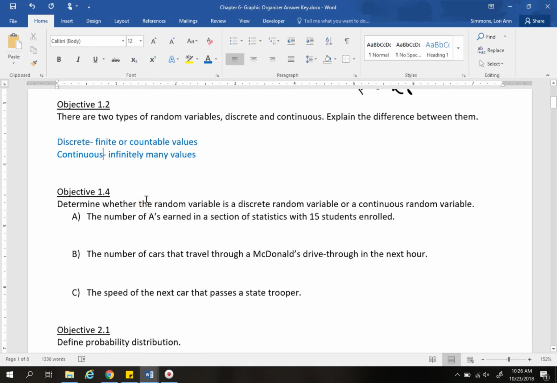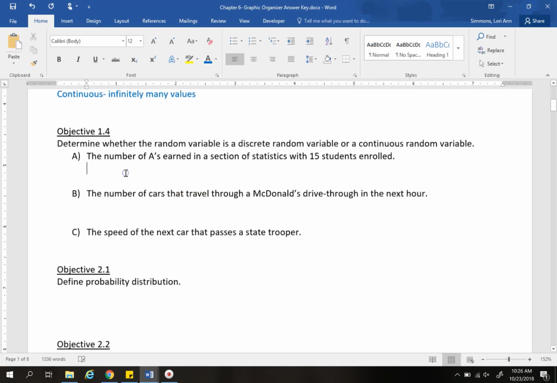So let's determine whether the random variable is discrete or continuous. The number of A's earned in a section of statistics with 15 students enrolled, that is discrete. About the number of cars that travel through McDonald's drive-through, that is discrete as well. We can count the number of cars, we can count the number of A's. What about the speed of the next car that passes a state trooper?